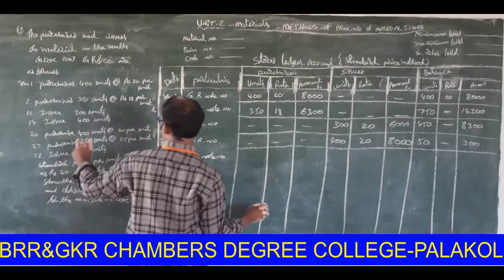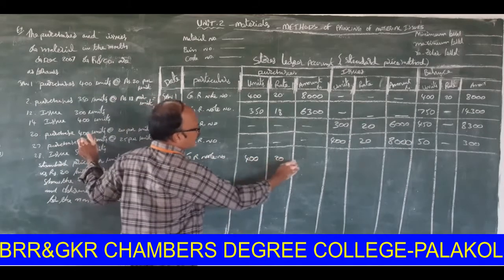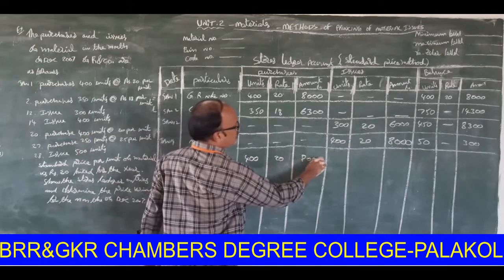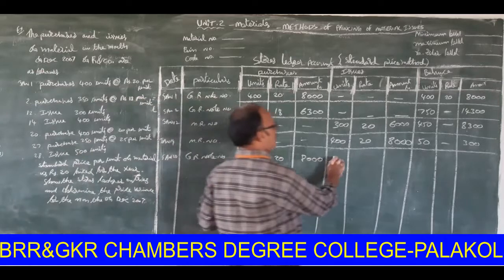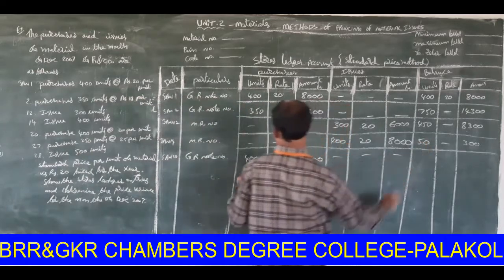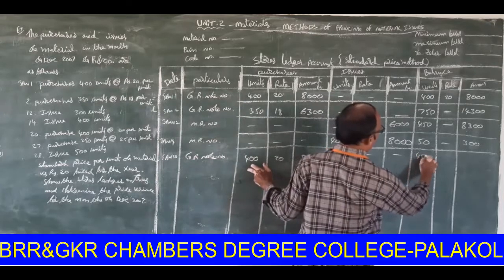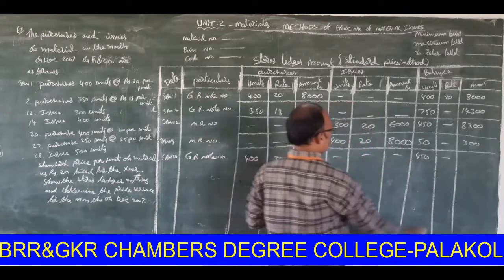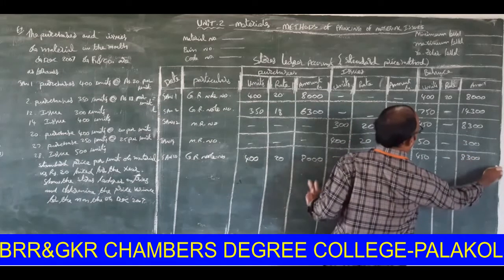How many units purchased here? 400 units. 400 into 20, so 8,000. 50 plus 400, how much? 450 units. Next, 300 plus 8,000, 8,300.